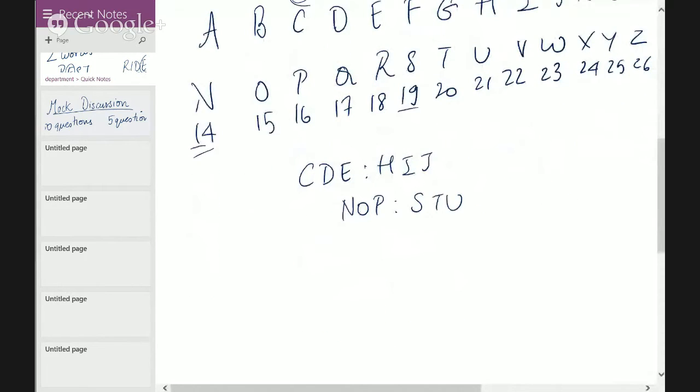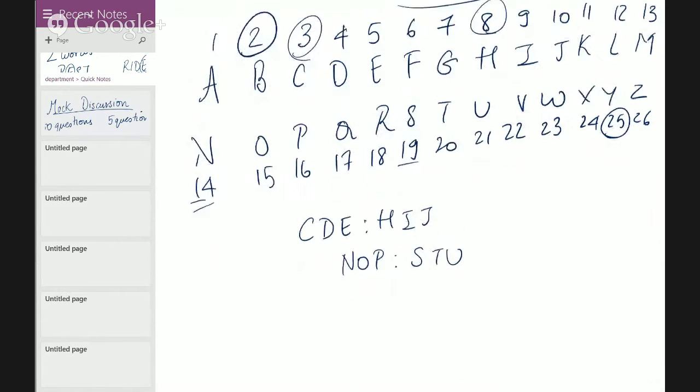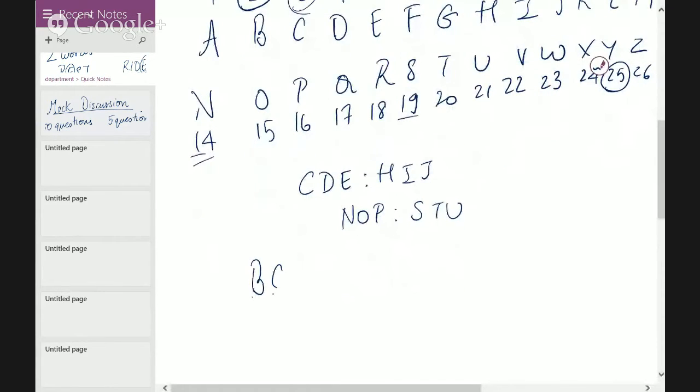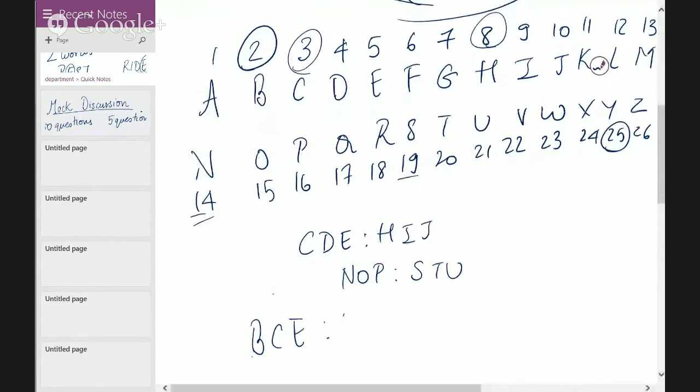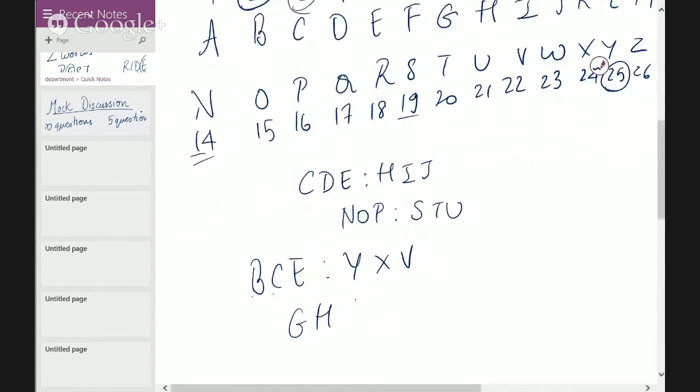Another motive behind writing numbers, obviously, is when you have a direct reverse coding. Let's say something like BCE is coded as YXV. What will be the code of GHI or GHK, let's say?